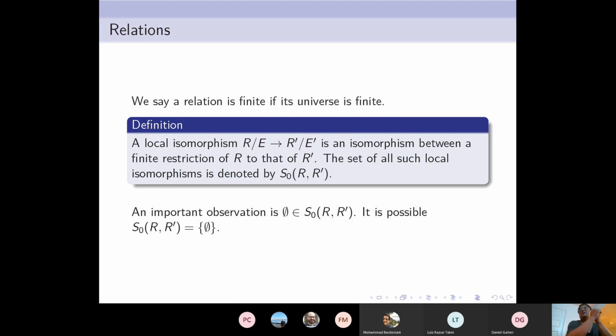Certainly it is possible that the only local isomorphism is the empty set. For example, one relation is a reflexive binary relation, and the other one is an anti-reflexive relation. Then the local isomorphism will be the empty set.